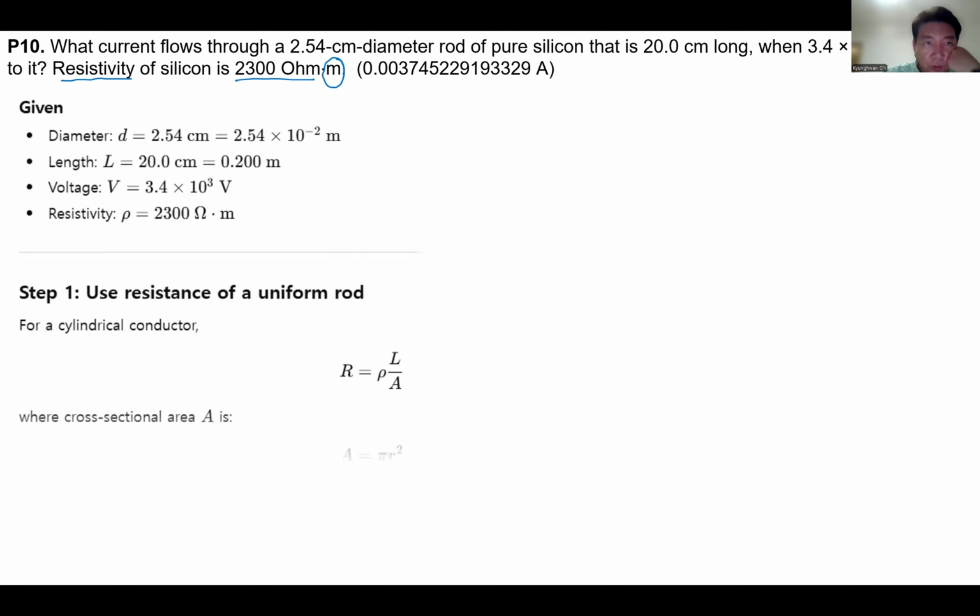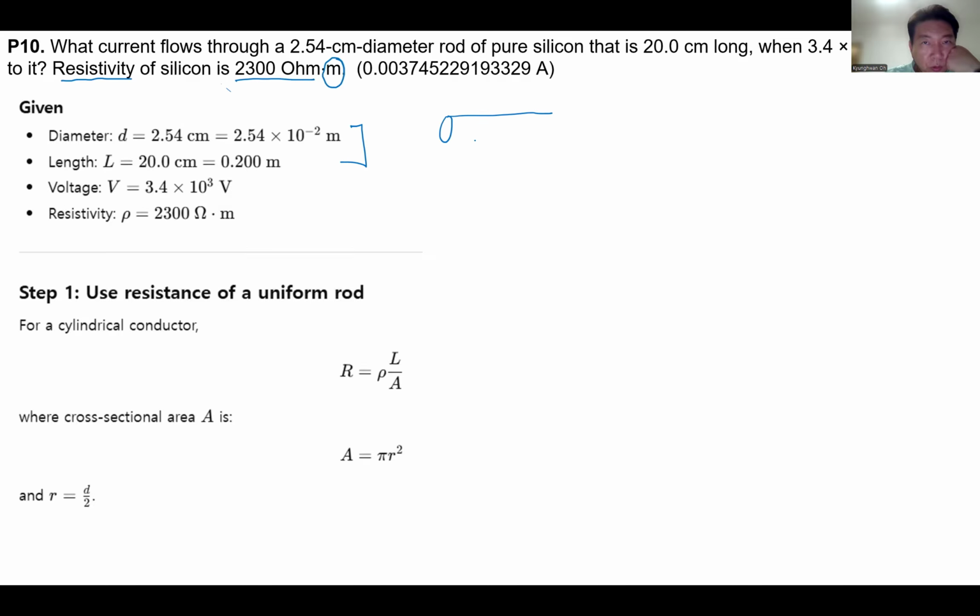So let's try to find out what is important to get it. The question is the current, and the given conditions are the structural parameters of the rod.